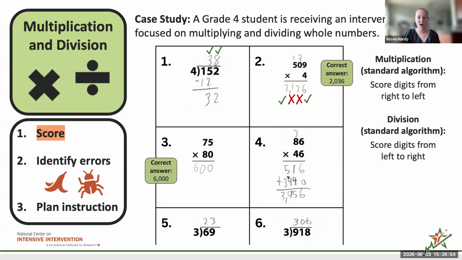Next, we have another error where we have the correct digits in the ones and tens columns, but not the hundreds column because we are missing what should be a 0 there with the 6 then in the thousands column. Next, we have a correctly solved multiplication problem, a correctly solved division problem, and another correctly solved division problem.